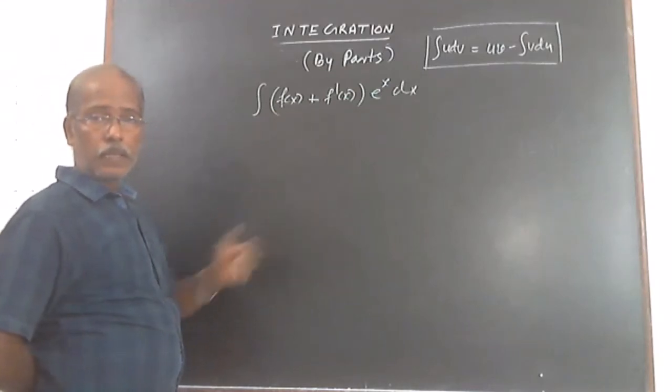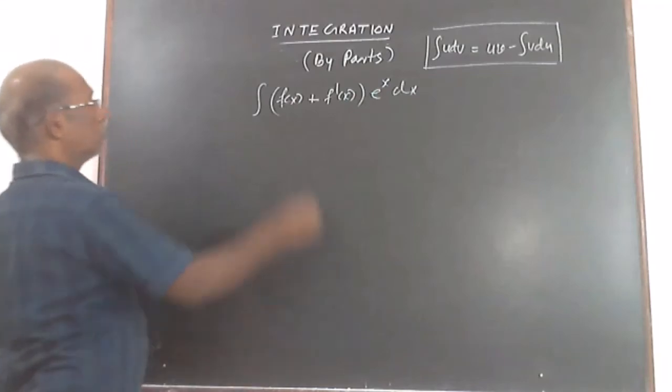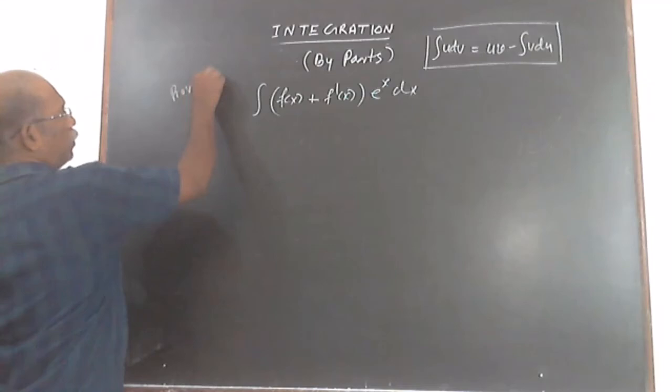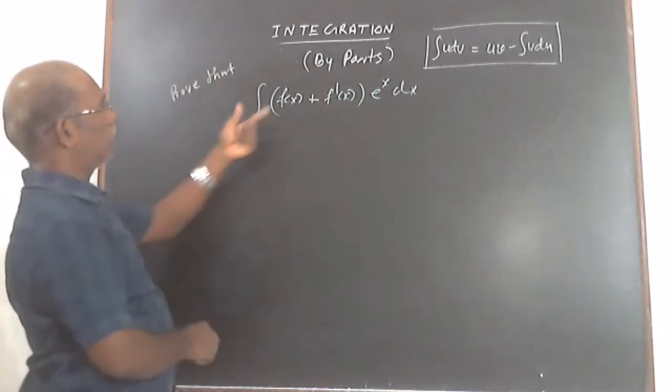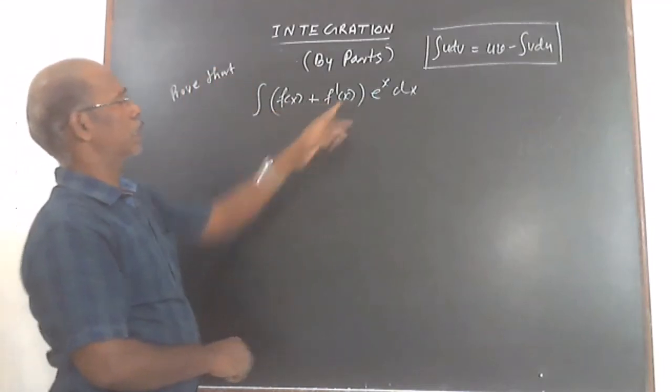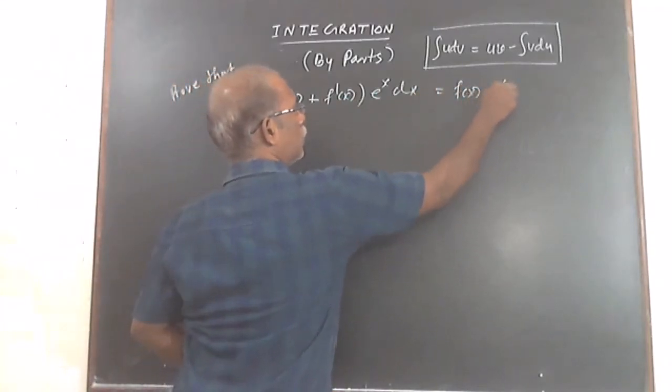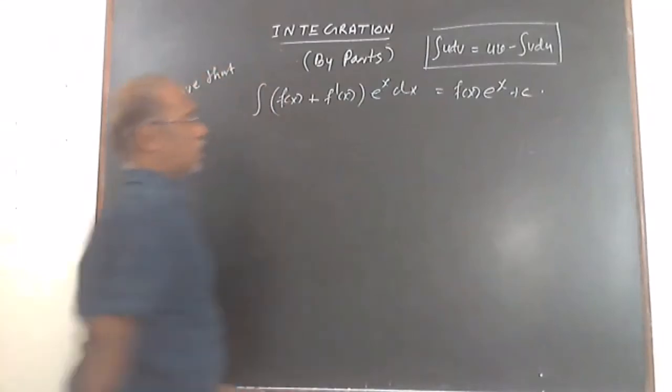By parts we can get the answer easily. Let us prove that the integral of f of x plus f dash of x into e power x is equal to f of x into e power x with the integral constant.